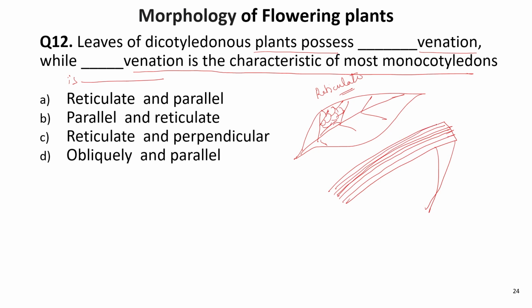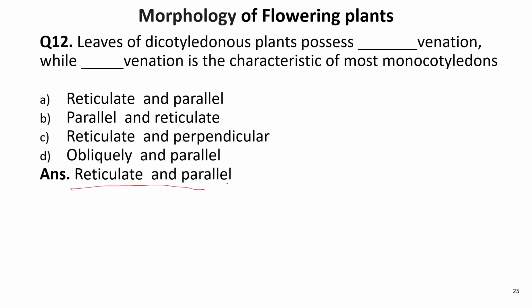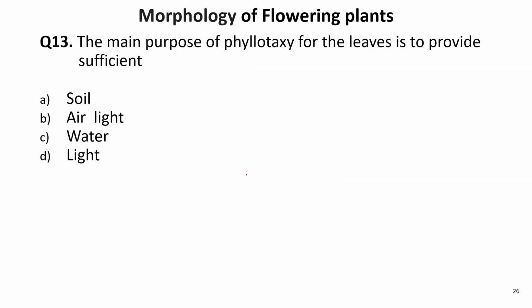So leaves of dicotyledonous plants possess reticulate venation, while parallel venation is the characteristic of most monocotyledonous plants. So the first option, reticulate and parallel venation, is the correct option. Next question.